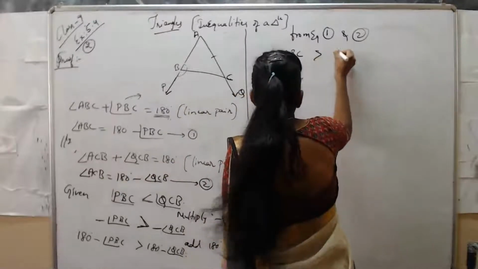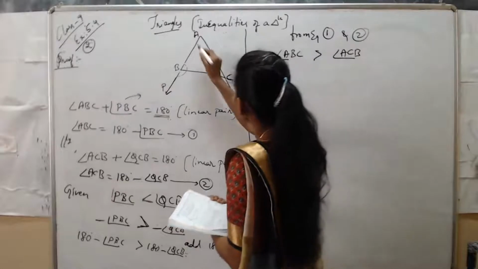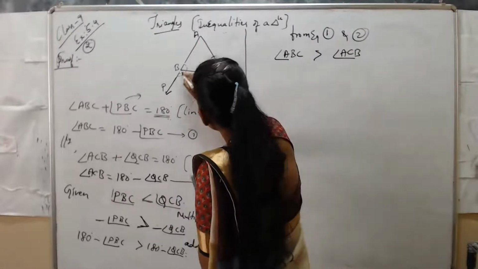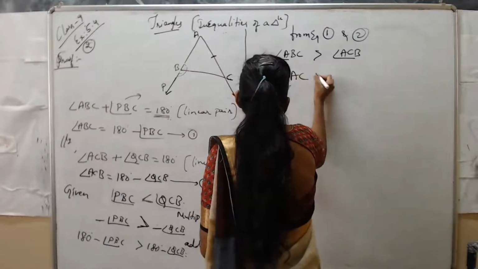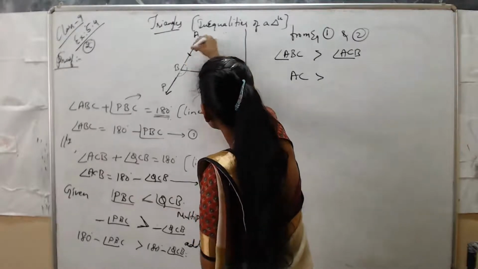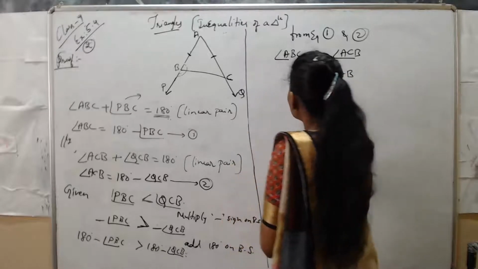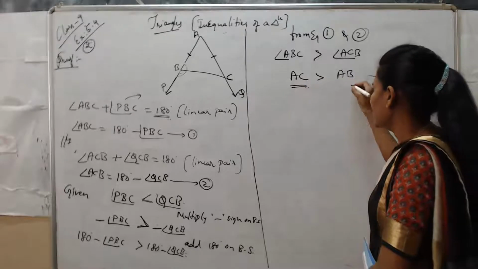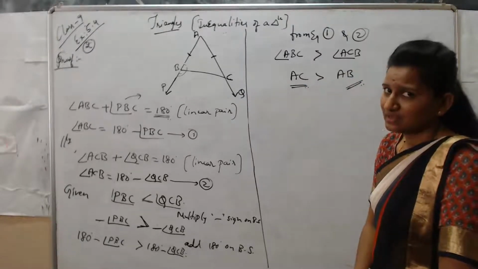ABC is greater than ACB. Which is the greatest side? The side opposite to angle B is AC, and the side opposite to angle C is AB. So AC is the largest side, which we want to show. AC is greater than AB. Hence proved.